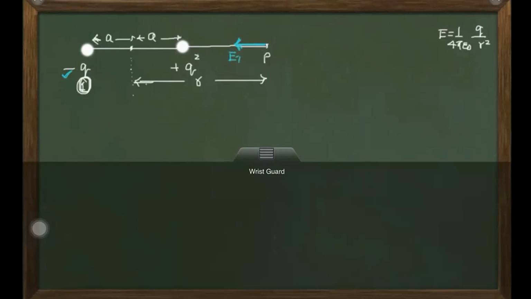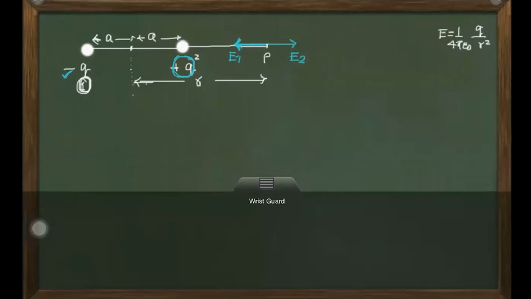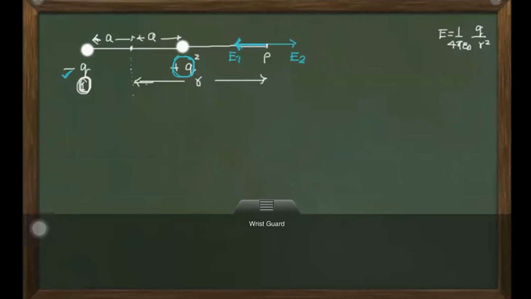Now, the second charge is the positive one, and that's why the electric field at point P will be away from it. I'm going to call that E2. So E2 is the electric field due to the second charge, and E1 is the electric field due to the first charge.